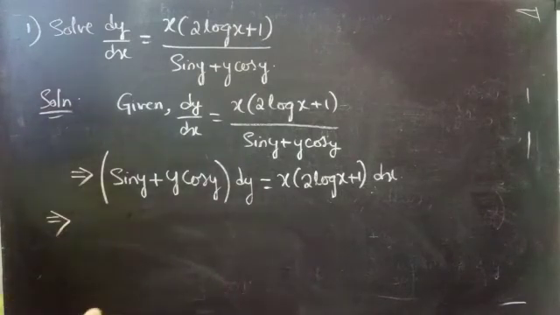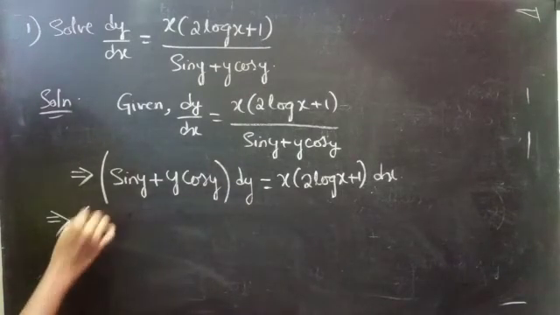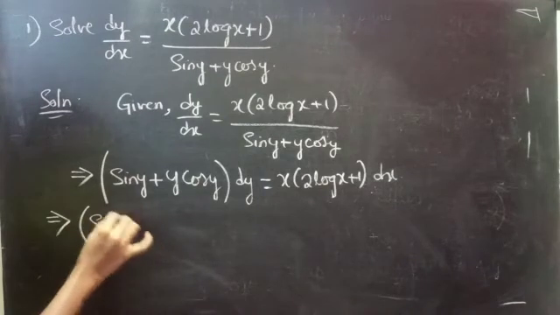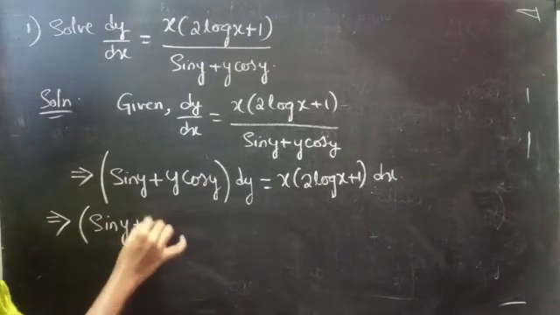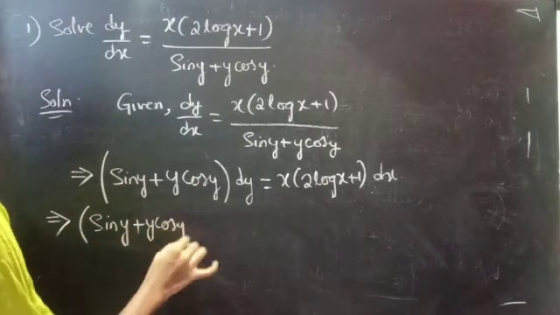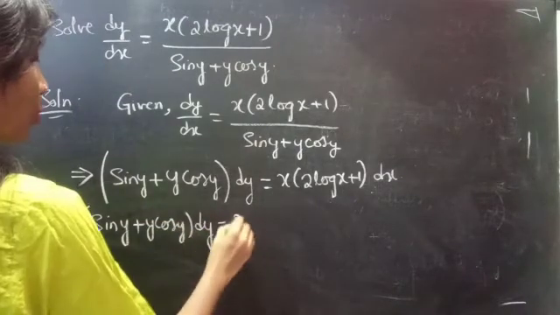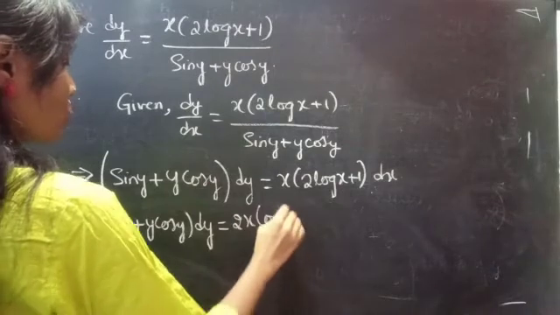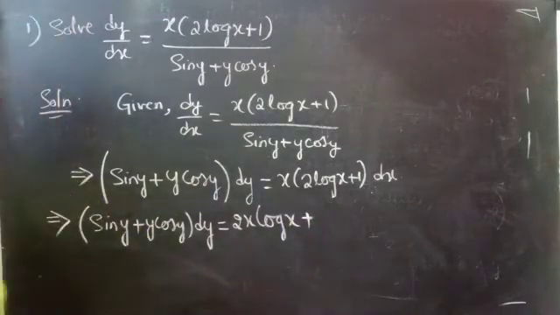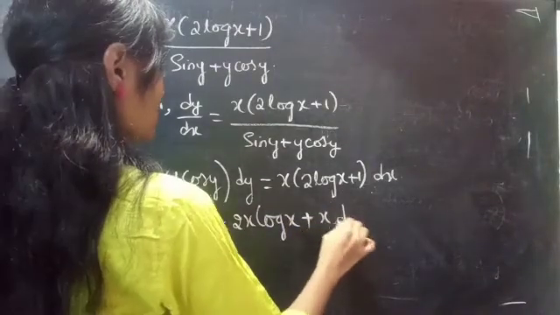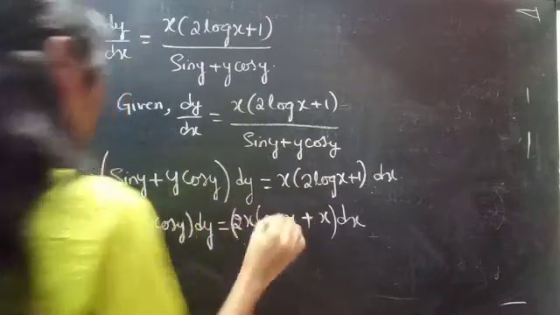Before integrating, this can be written as sine y plus y cos y into dy equals 2x log x plus x into dx.